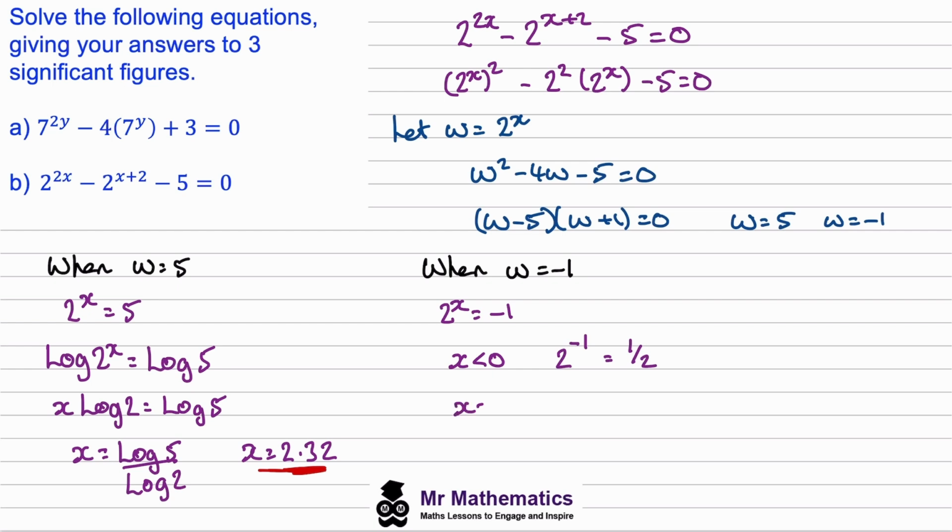And when x equals 0, we get 2 to the 0, and again this is positive, it's 1. And if x is greater than 0, let's say x is 1, we get 2 to the 1, which is 2. So whether x is negative, 0, or positive, we always get a positive solution, which means when 2 to the x is negative 1, this has no solution. So we say this is not valid.